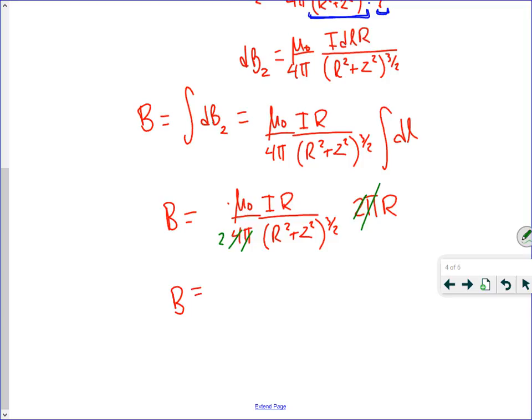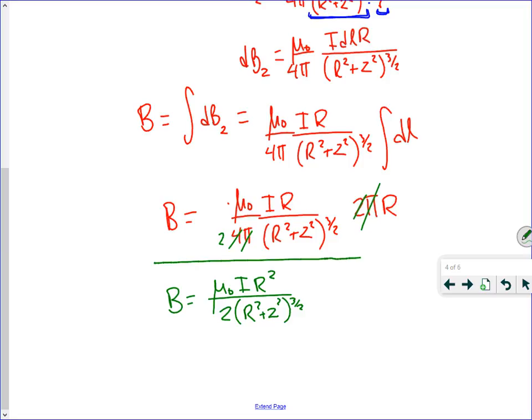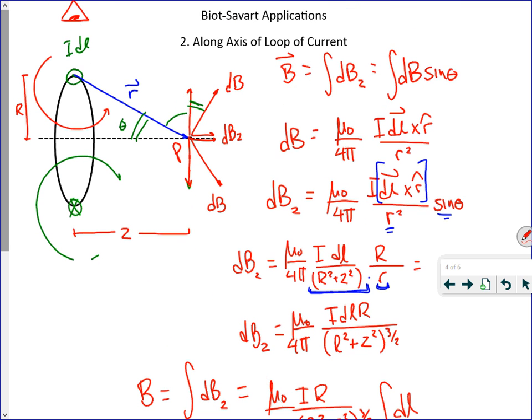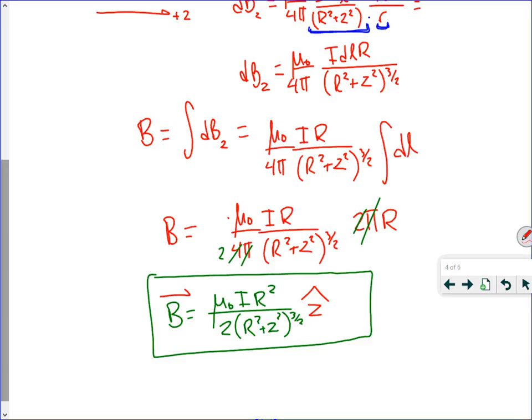So we get mu naught I R squared over 2 times R squared plus z squared to the 3/2. And for us, I didn't explicitly say this is our z-axis, but I did call that z, so that's the positive z. So I say in the z-hat direction.